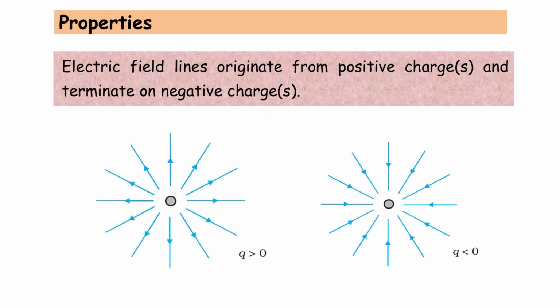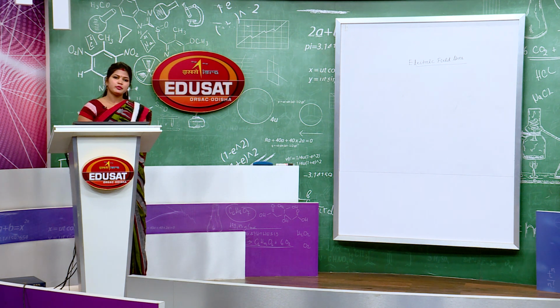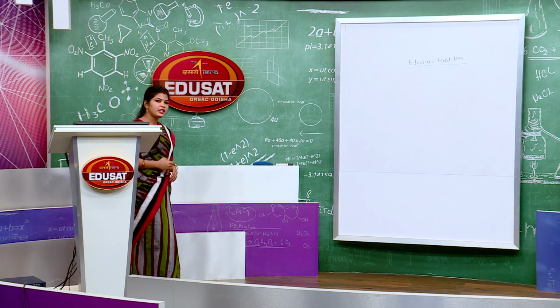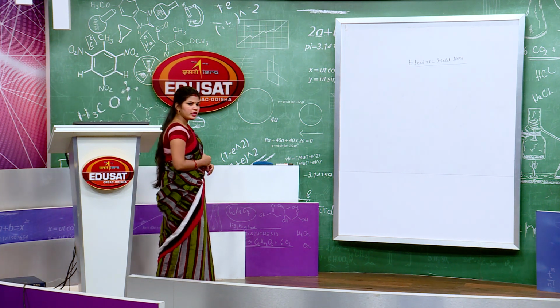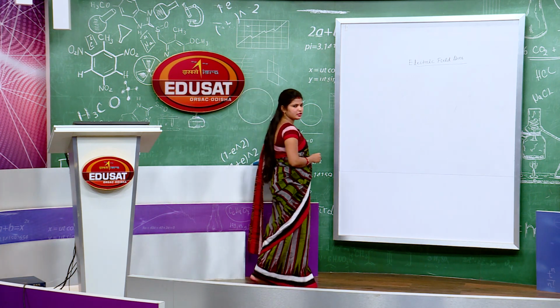Now, let us study the properties of electric field lines, or what are the rules to draw electric field lines. One of the properties is electric field lines originate from positive charges and terminate on negative charges. So, students, why do the field lines originate from positive and terminate on negative charge? Let us see how the field lines are drawn for the positive and negative charge.